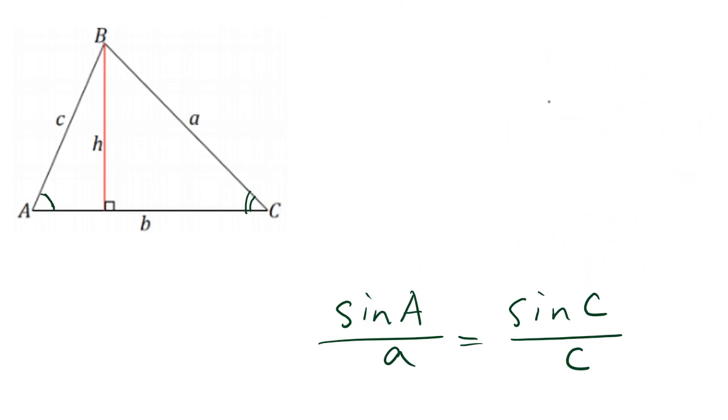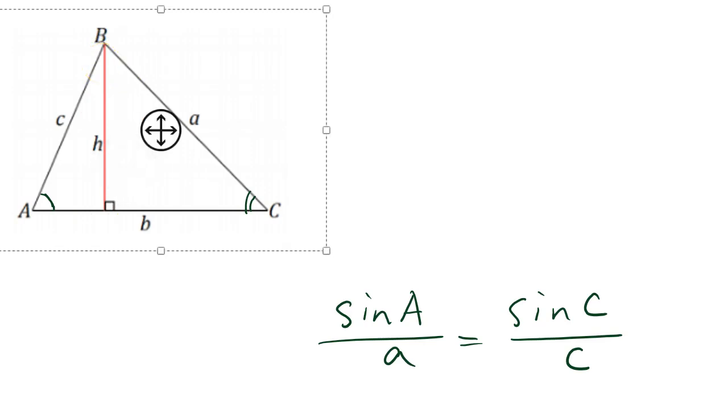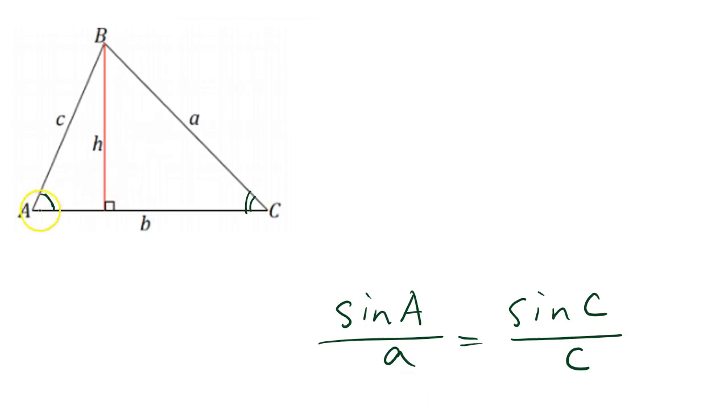So this doesn't help us to connect B, because it kind of splits this angle. So instead of drawing the altitude this way, I want to draw an altitude that way. I'm gonna call this new altitude H prime.